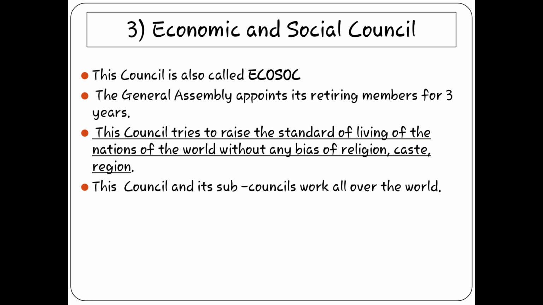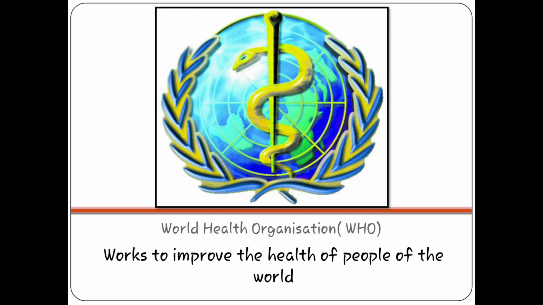This ECOSOC has some sub-councils that I showed you in the chart. We will discuss them one by one. The first sub-council of the Economic and Social Council is the World Health Organization or WHO, which works to improve the health of people of the world.